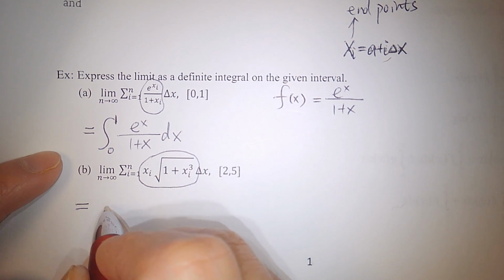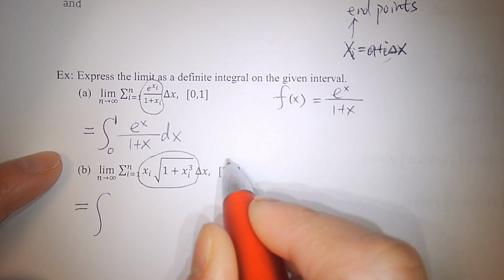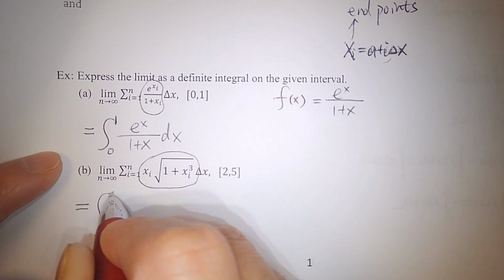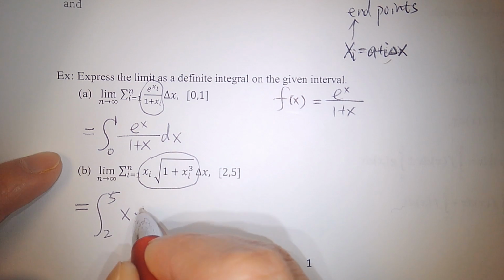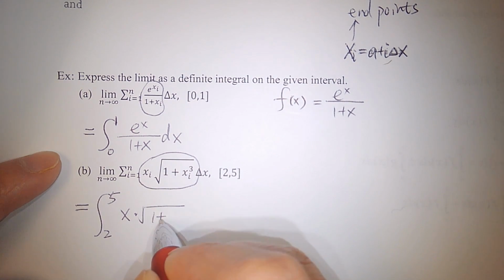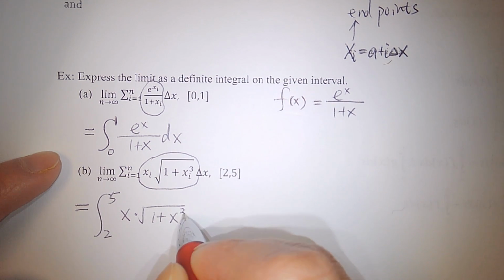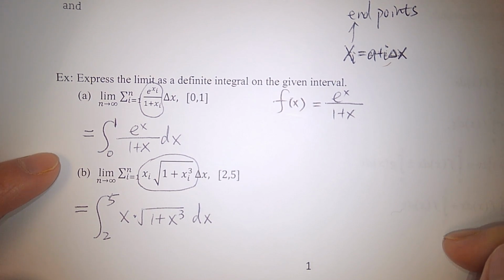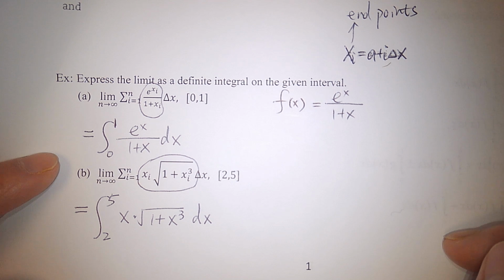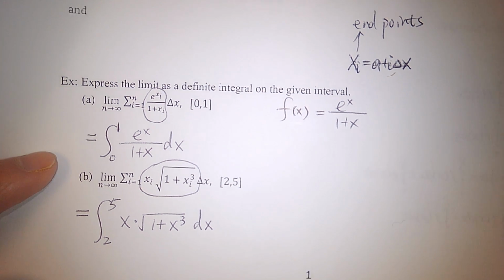So I will write this definite integral directly. a equals 2, b equals 5. f of x will be x times the square root of what? 1 plus x to the what? Cube, and then dx.